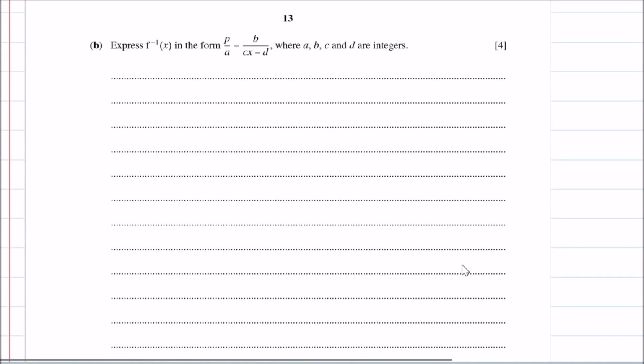Next part says express f inverse x in the form this. That means they are asking us to find f inverse x, inverse function for fx. So let me write fx here. Fx is equal to 2 minus 3 divided by 4x minus p.